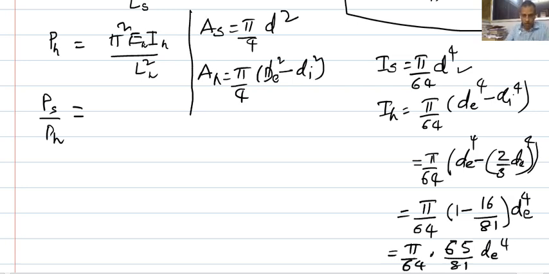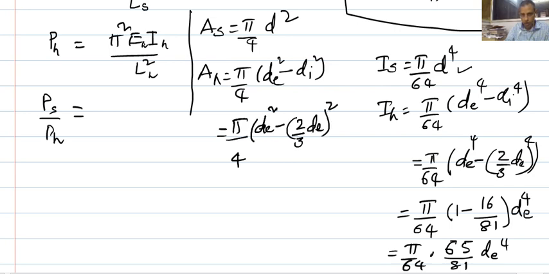Is it not? d e square minus d I square. Now again I put the same, pi by 4 d e square minus d I, which means 2/3 of d, right, square.